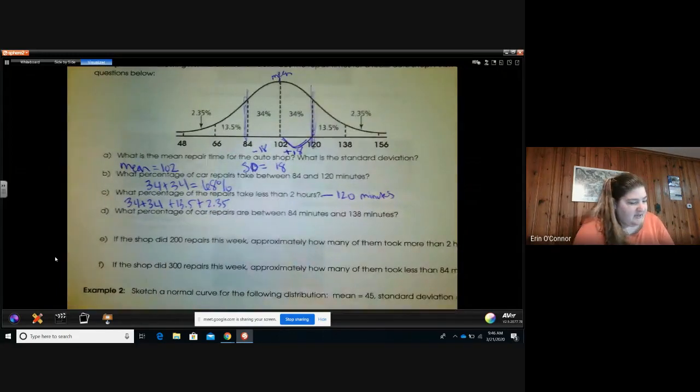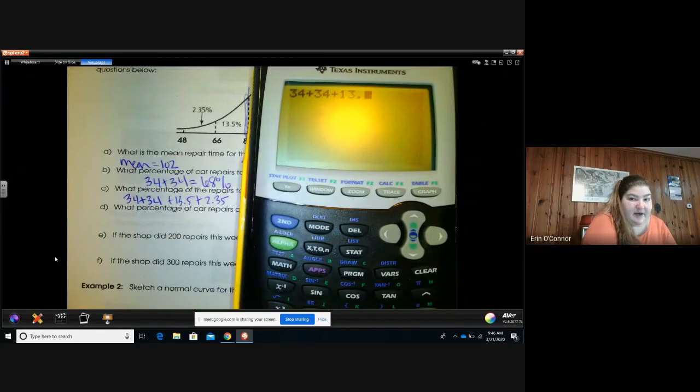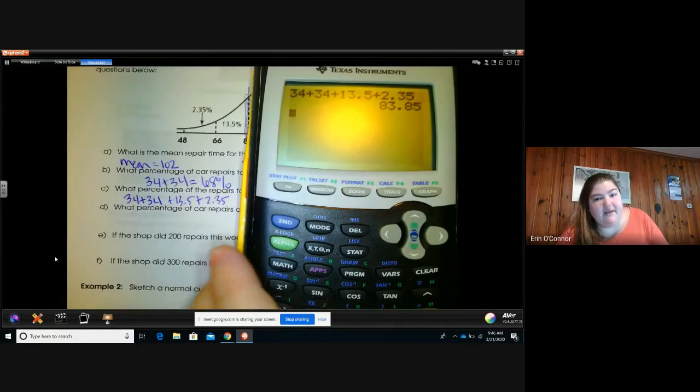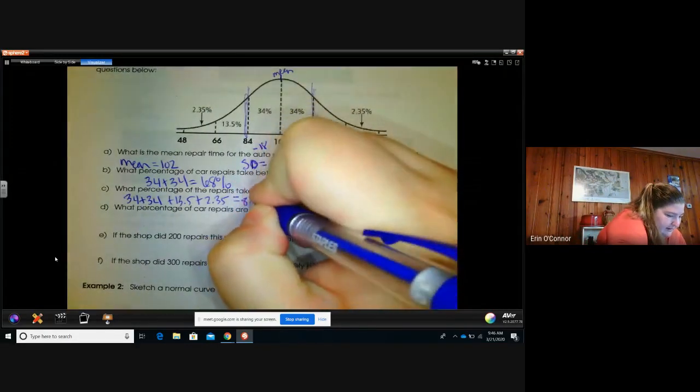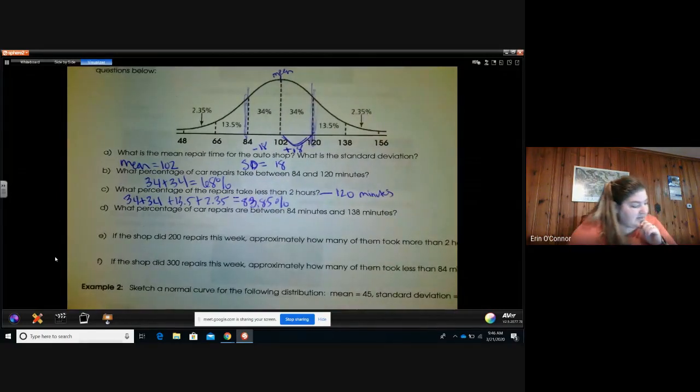So we're going to add that up. 34 plus 34 plus 13.5 plus 2.35, and I'm going to get 83.85. So 83.85% of the repairs take less than 2 hours.